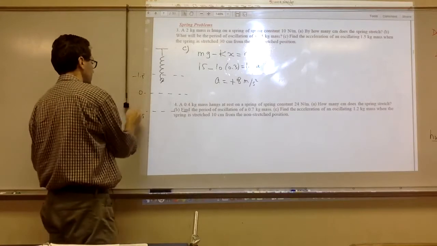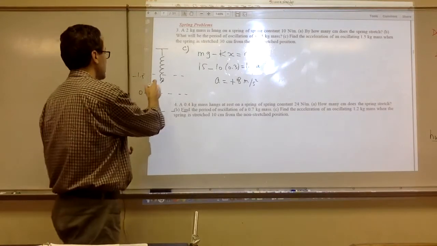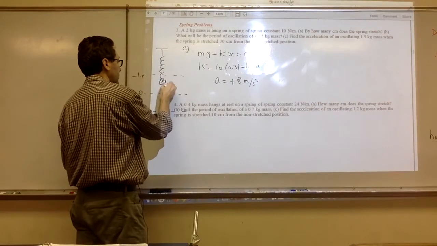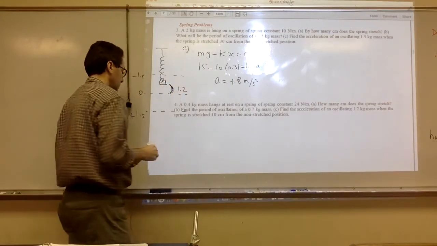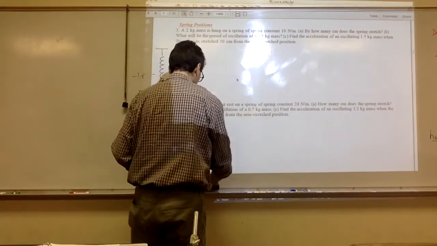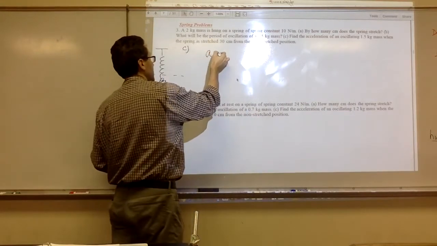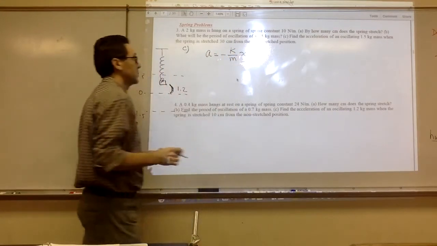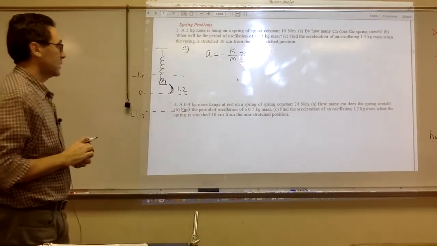And this is the equilibrium. So at 30 centimeters, you are here. How far are you from the equilibrium? 1.2. Okay? So we can do the other formula where the acceleration is negative k over m times x, which we derived in class.